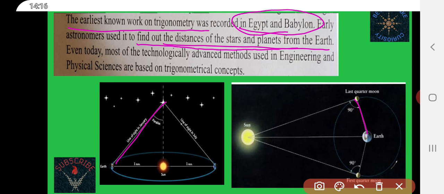Even today, most of the technically advanced methods used in engineering and physical sciences are based on trigonometrical concepts, and you should remember. Okay.